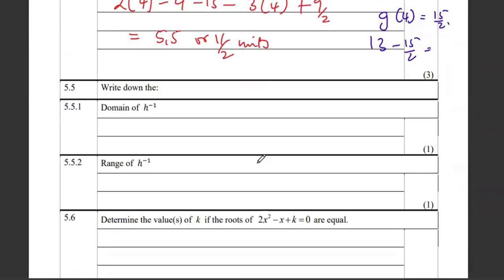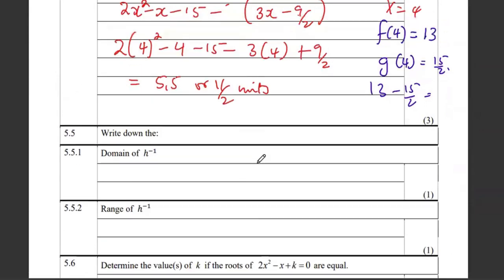Then they want us to get the domain of the inverse of h. So one thing, we know that if it's log 1 over 3x, then the inverse is just going to be a third. Is that correct?